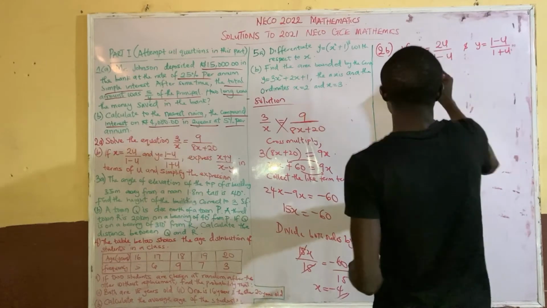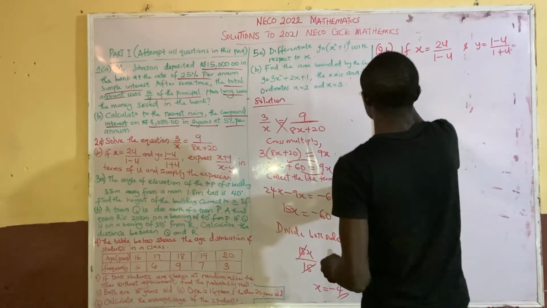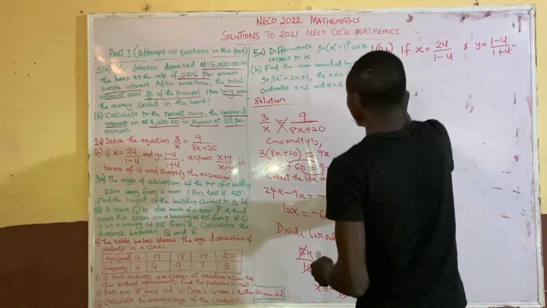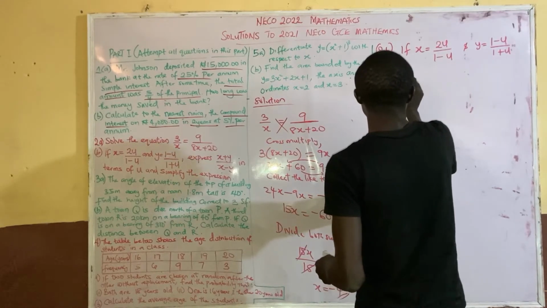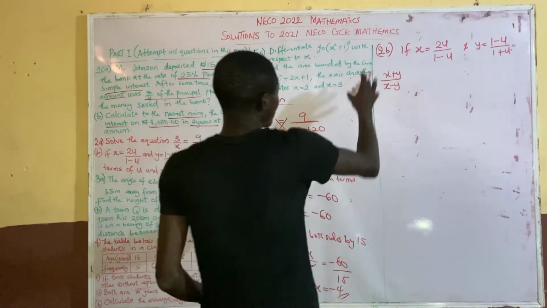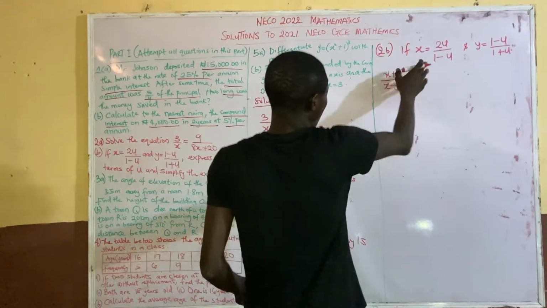Now express x plus y all over x minus y in terms of u. So we have to solve this and express x plus y over x minus y in terms of u.